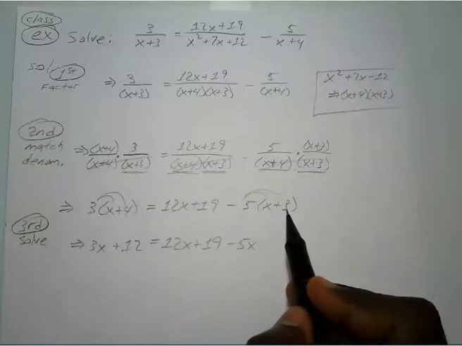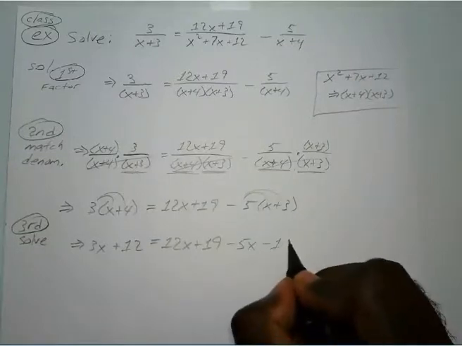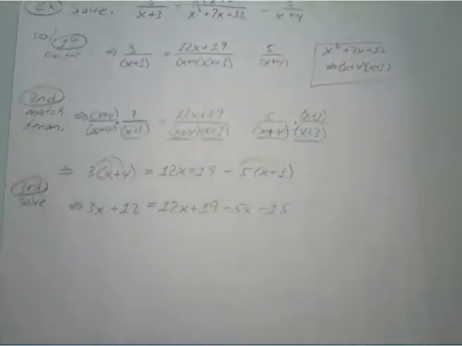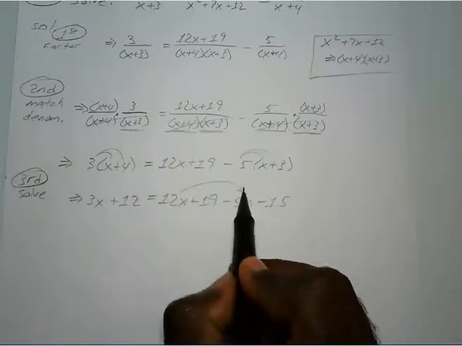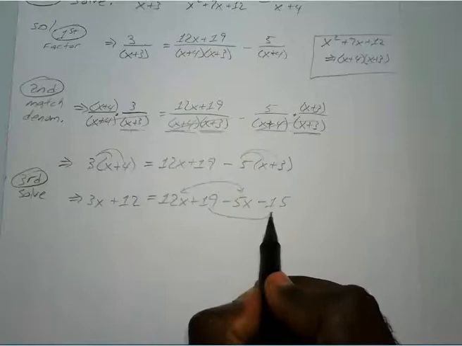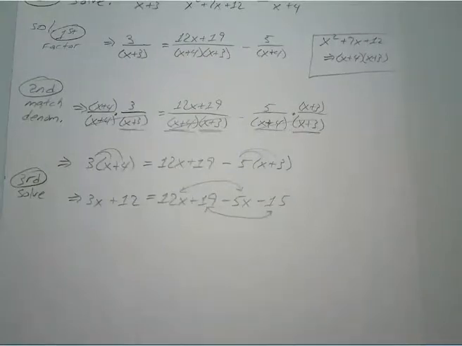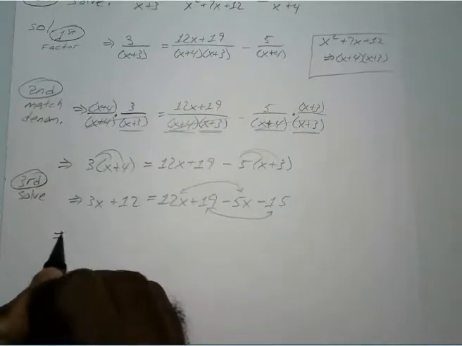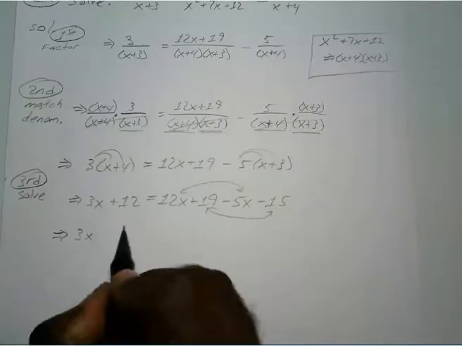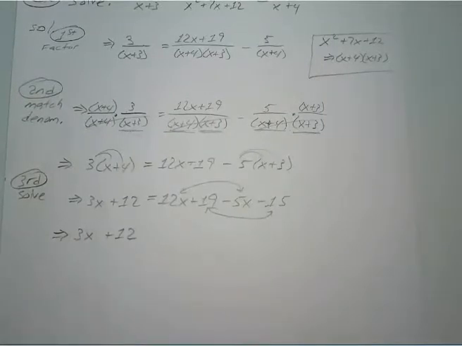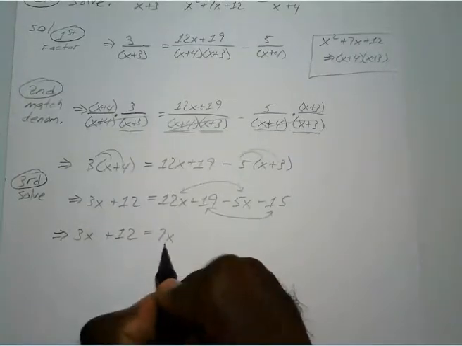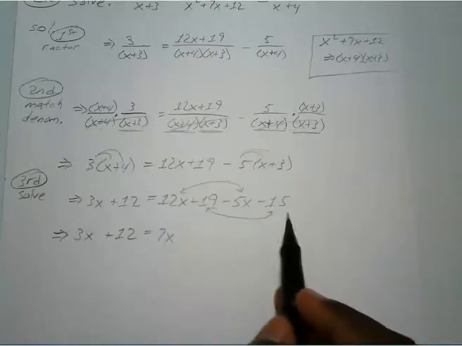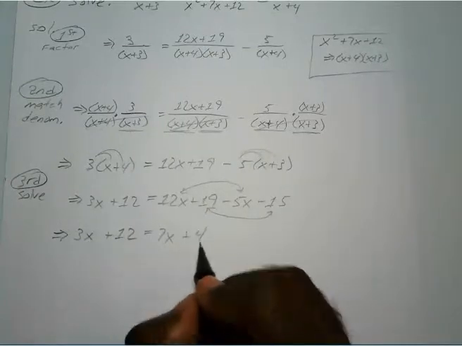And negative 5 times 3 is negative 15. Okay, so we can start combining our like terms on this side. So we have 3x plus 12 equals 12x minus 5x is 7x. And 19 minus 15 is 4, positive 4.